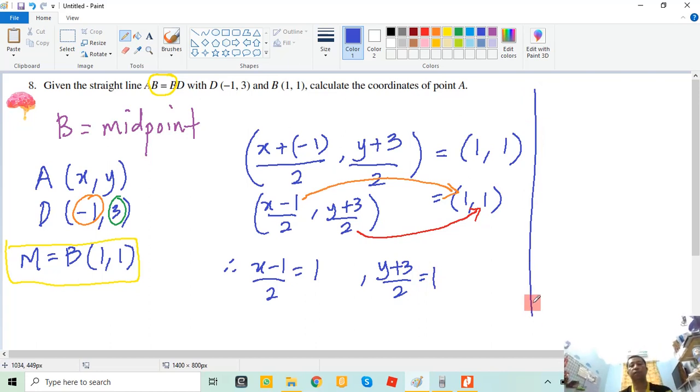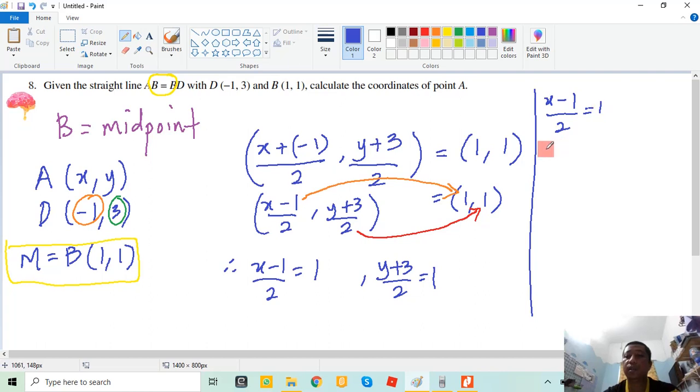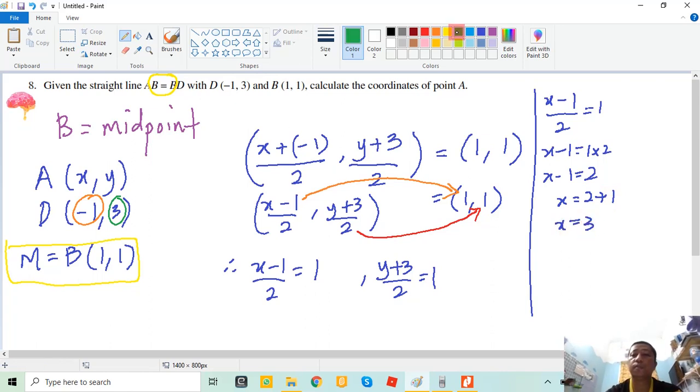Now we solve both of them, and we start with x. x minus 1 over 2 equals 1. So x minus 1 equals 1 times 2. So x minus 1 equals 2. x equals 2 plus 1. x equals 3.